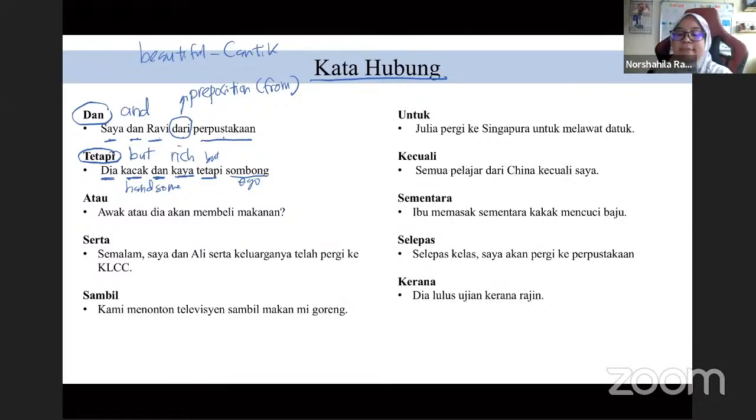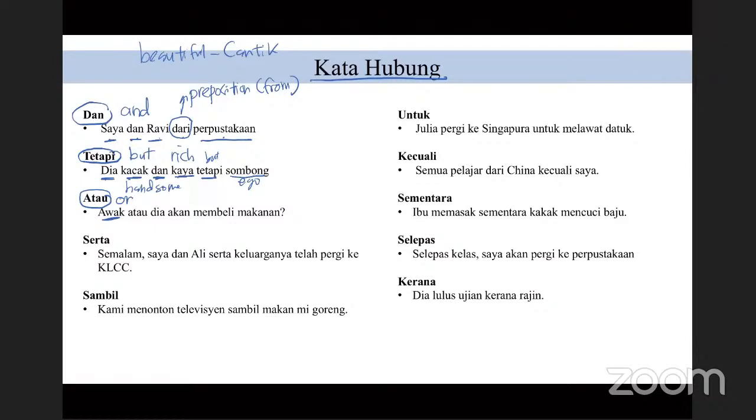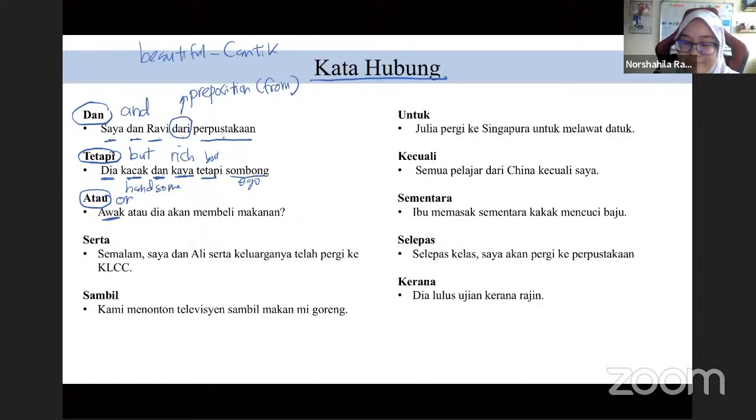Oh, egoist. Okay, atau. The word atau in Bahasa Melayu, in English is or. So you have an option, either A or B. Okay, awak. What is awak? You. Okay, means you. Atau dia, or him or her.